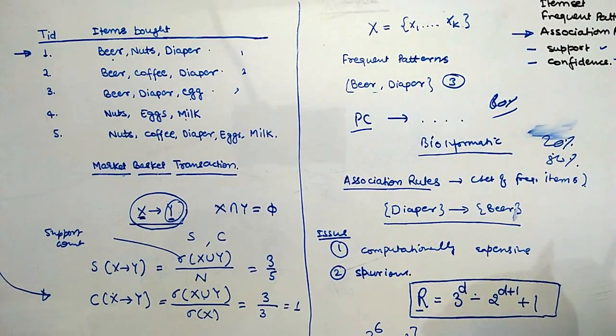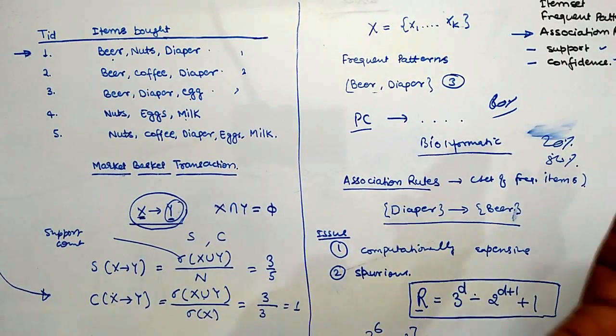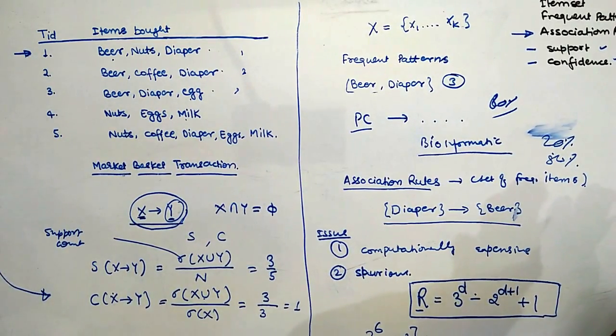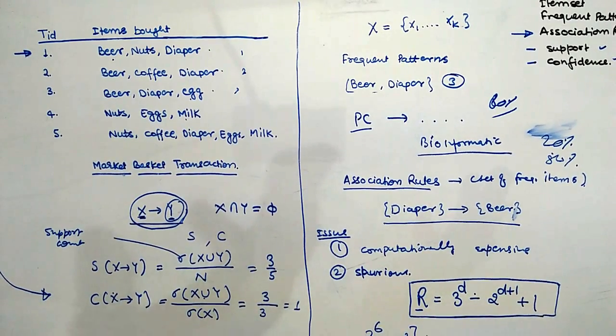Now because there are 602 rules, if I apply the brute force method and calculate the confidence for each rule, it is a wastage of time. So there are various methods available for finding association rules based on frequent item sets.